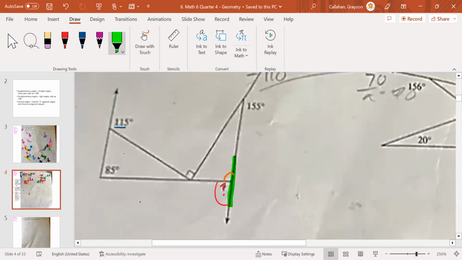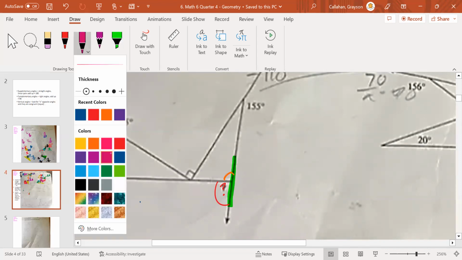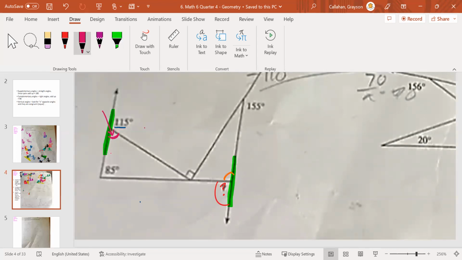If that's 115, there's a straight line right there. What is going to be this purple angle right here? How do I find that purple angle? I take 180 and I subtract what?